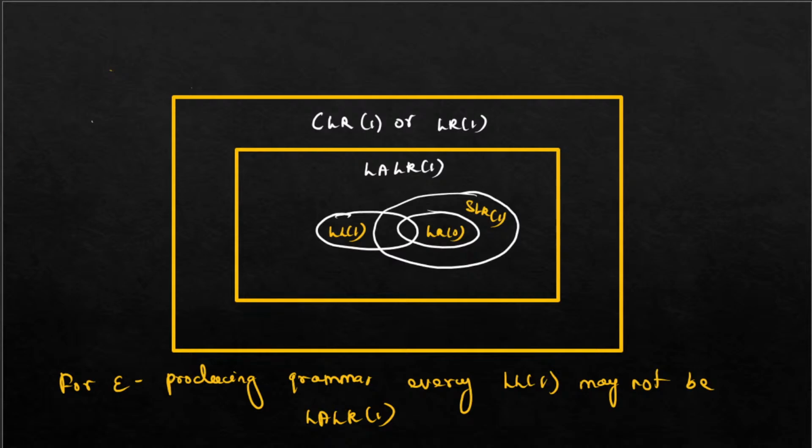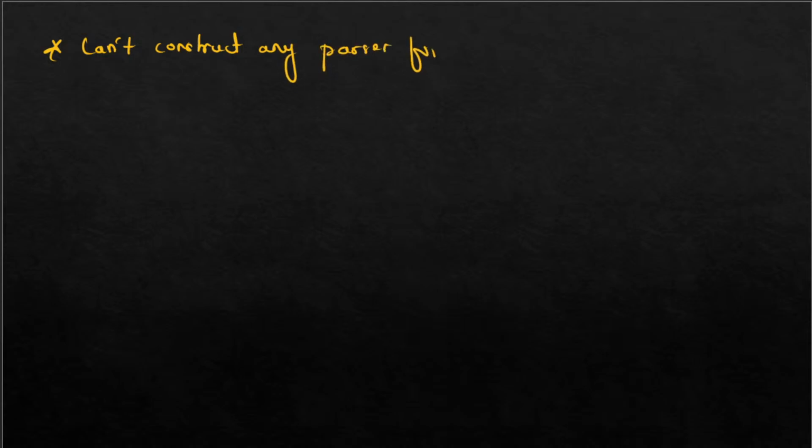Okay, so let me write this point. Can't construct any parser for ambiguous grammar except, what is that?